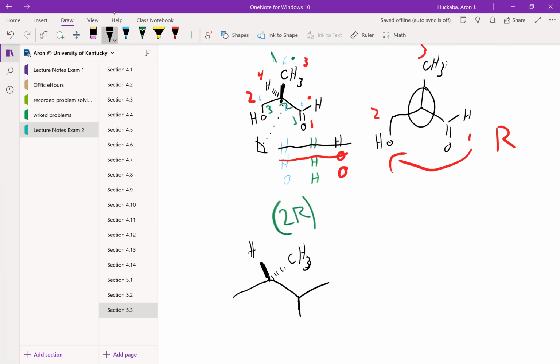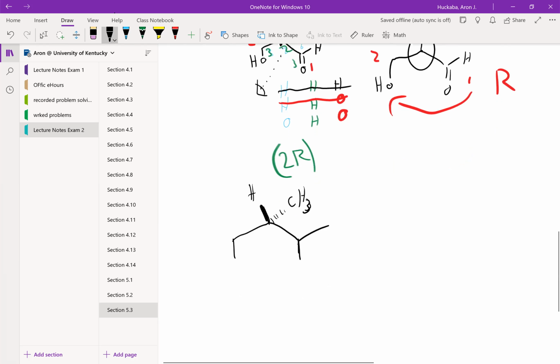We'll give ourselves another carbon there. And we will give ourselves another carbon here. There we are.